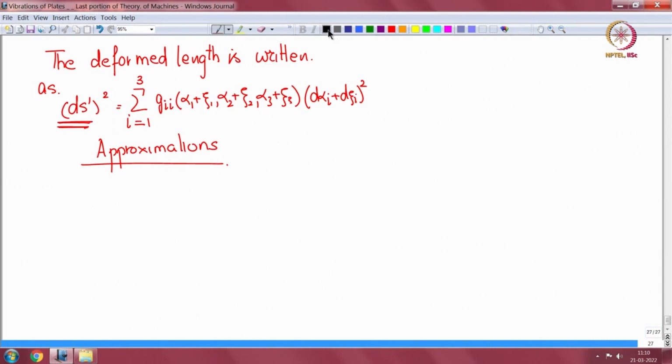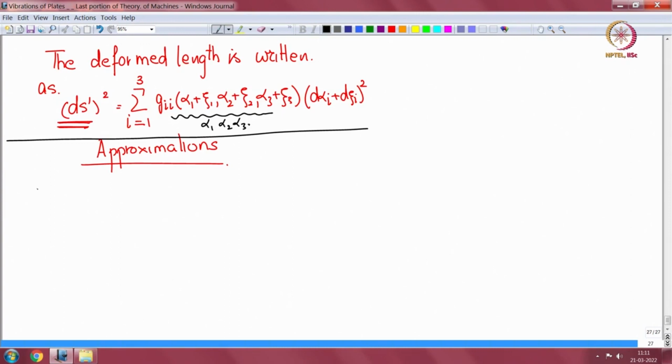So let us see what approximations we make. We will expand this in a Taylor series about alpha 1, alpha 2, alpha 3.